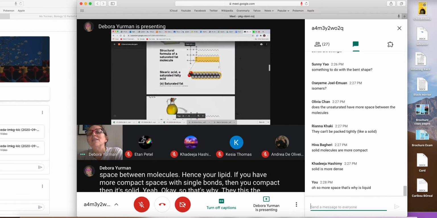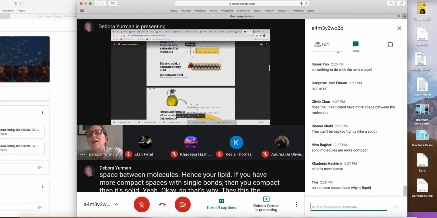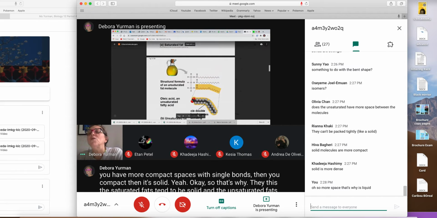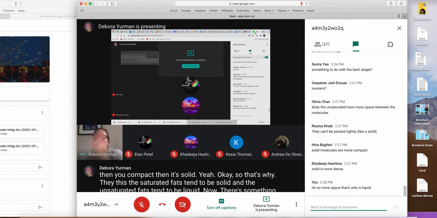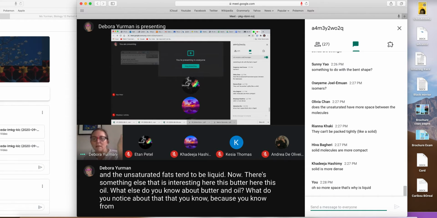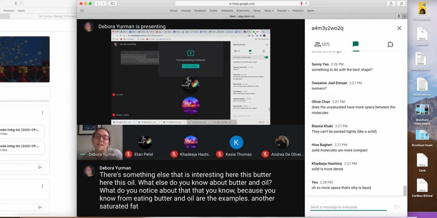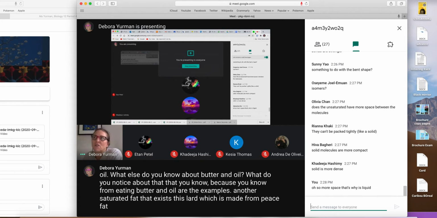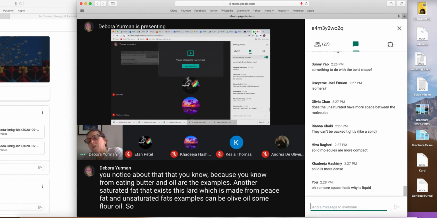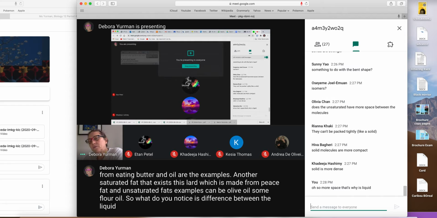Now, there's something else that is interesting. Here there's butter, here there's oil. What else do you know about butter and oil? What do you notice that you know from eating? Butter and oil are the examples. Another saturated fat that exists is lard, which is made from pig's fat. And unsaturated fat examples can be olive oil, sunflower oil. So what do you notice is the difference between the liquid and the solid also?